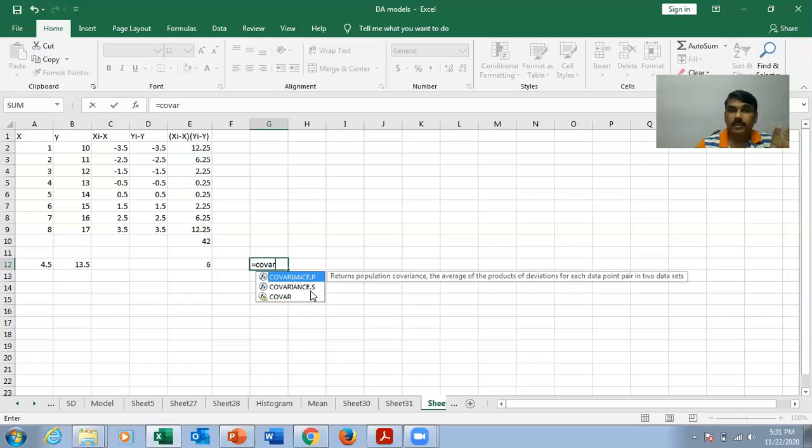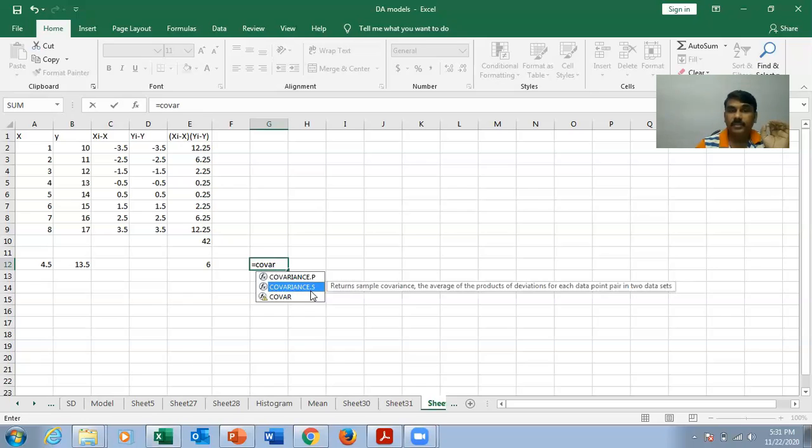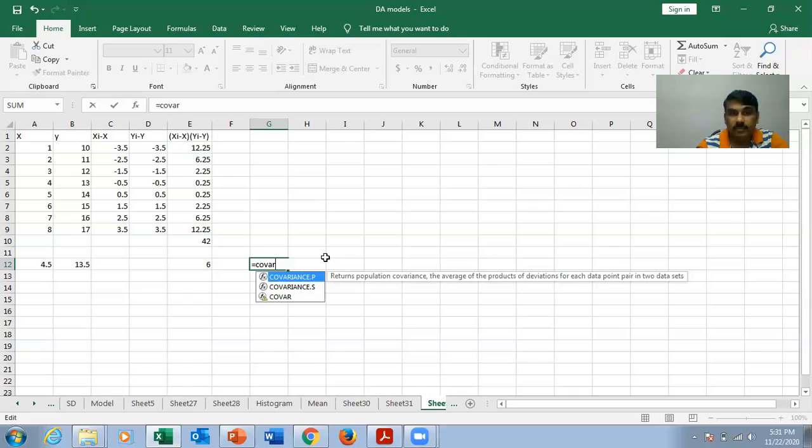That is the difference. So I took covariance. We have to type it by hand; if we miss the spelling, these indications will not come. It will not come automatically by clicking on it.